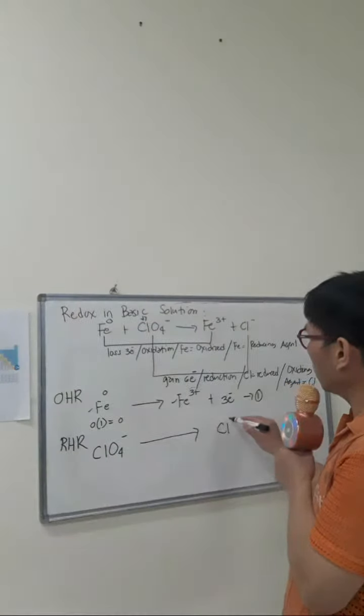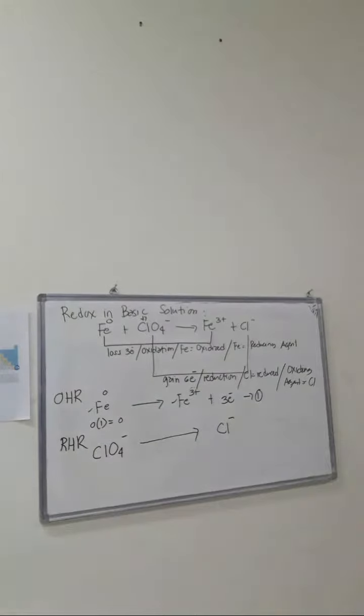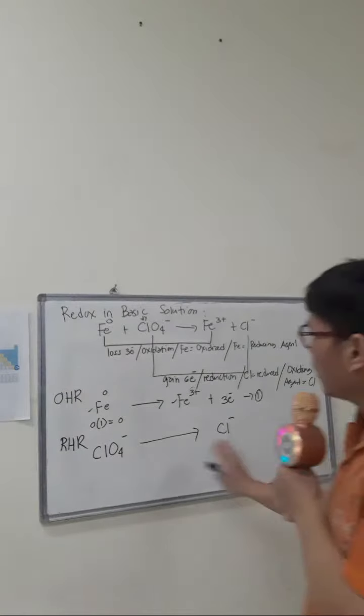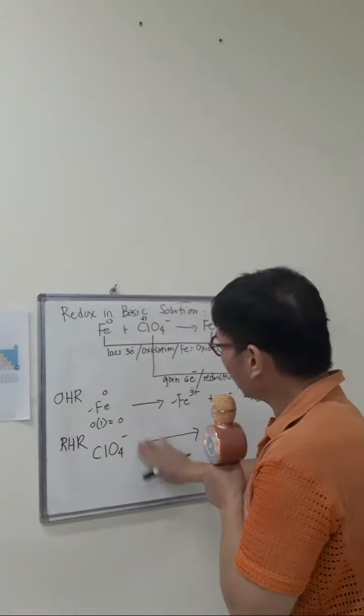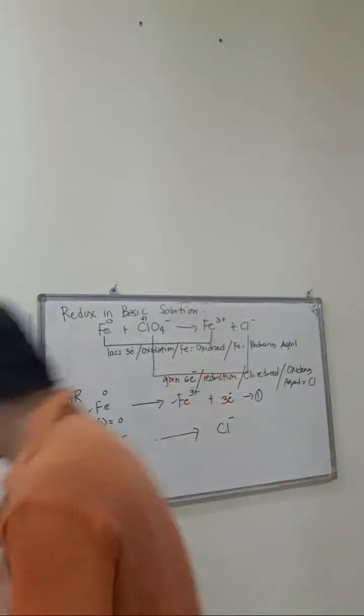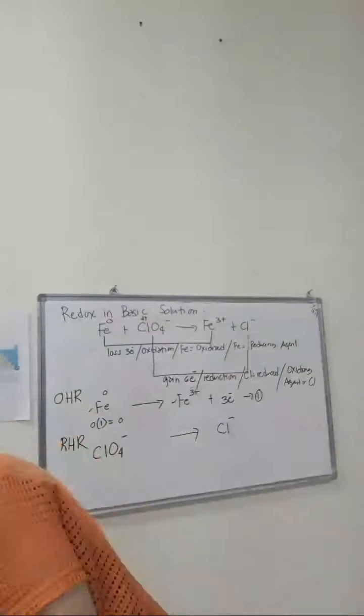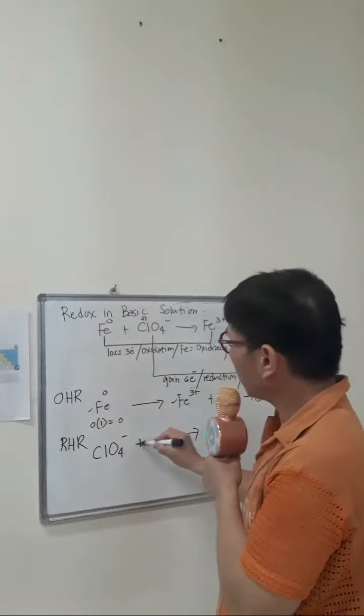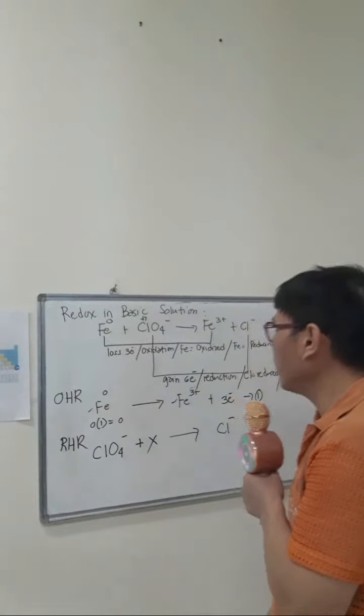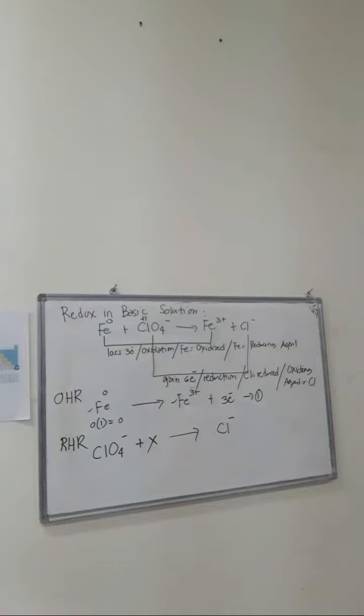Now this is gain of electrons, meaning you have to add electrons on the left, beside perchlorate, plus X.